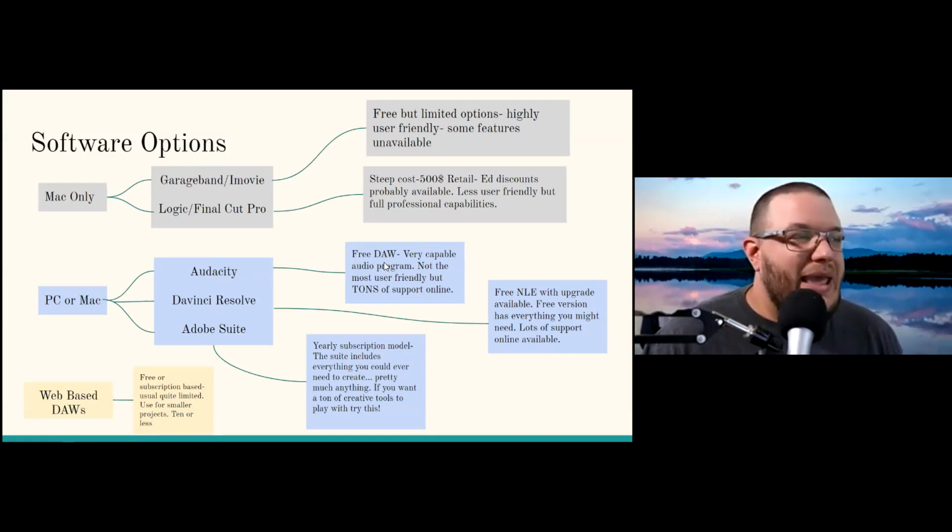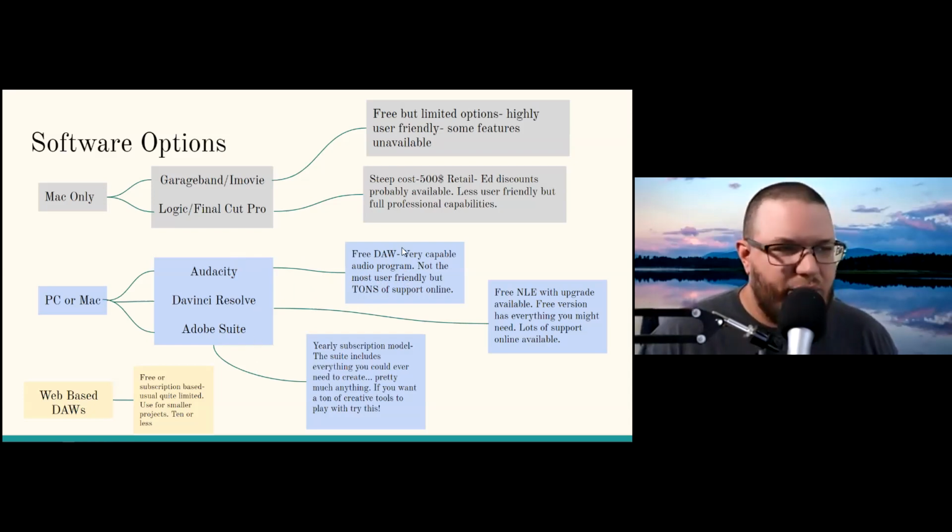This can do everything that GarageBand can do and everything that Adobe Audition can do. It's just not as pretty. Audacity is not a pretty program, and you're going to see it in a few minutes. But there are tons and tons of resources to help you use it. You can go on YouTube and you can go on the wiki articles for all the help resources you could ever imagine. So that's where you would do all of your audio work.